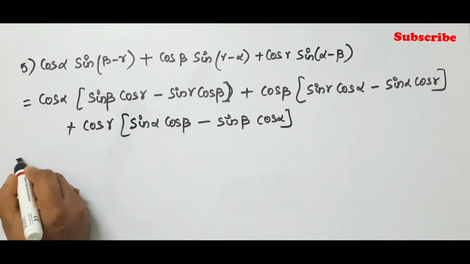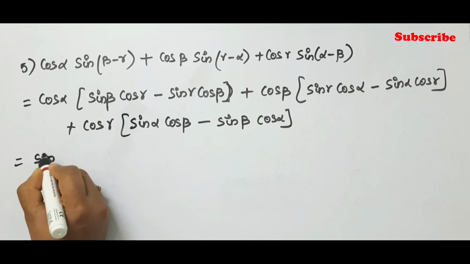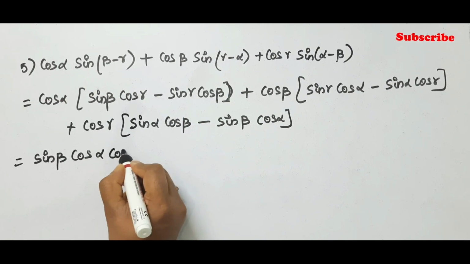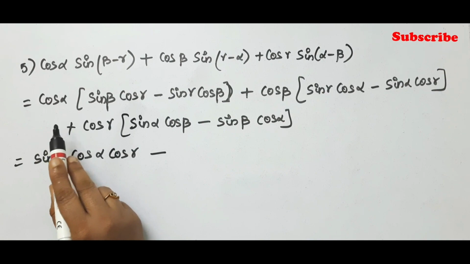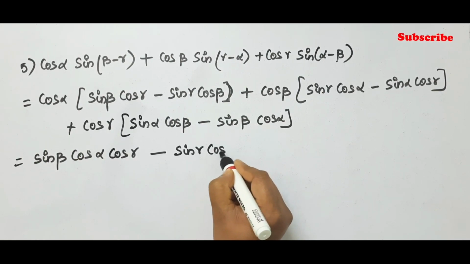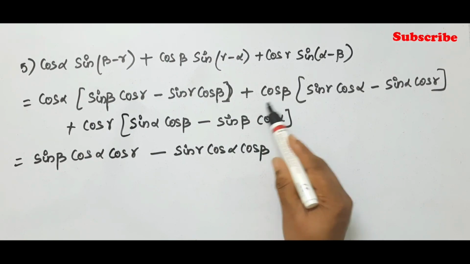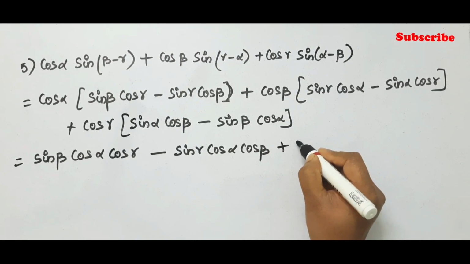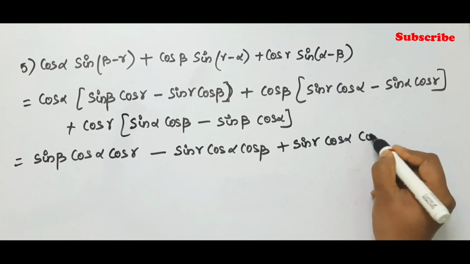Simply multiply. So this becomes cos alpha sine beta cos gamma, minus, plus into minus is minus, sine gamma cos alpha cos beta. Then cos beta into this will be plus sine gamma cos alpha cos beta.